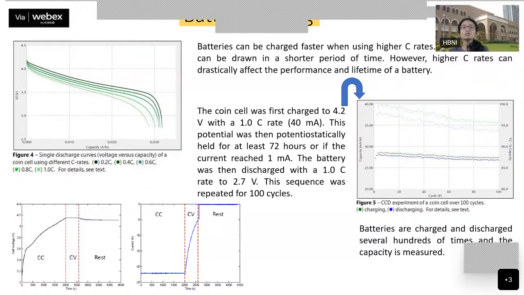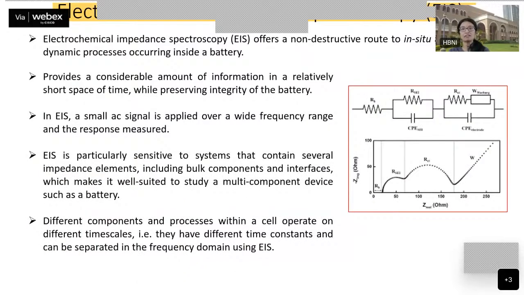Now all this is to see how efficiently your coin cell is functioning. But how to know what essential processes are taking place inside the battery? For that we have something known as electrochemical spectroscopy. This is a non-destructive route for in situ analysis of the dynamic processes taking place in the battery.